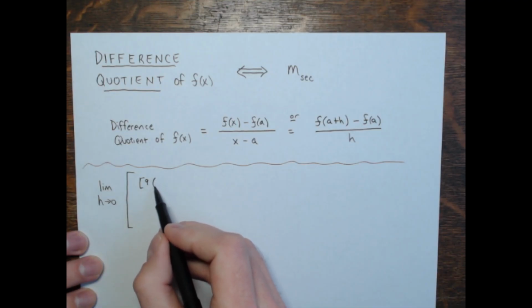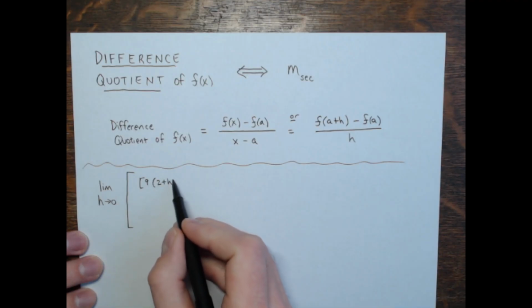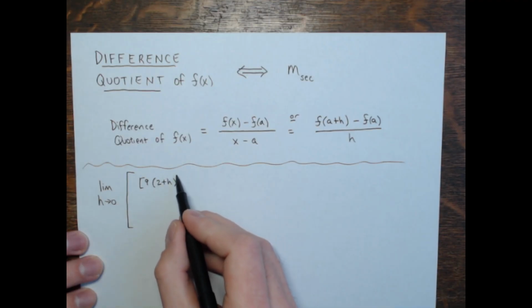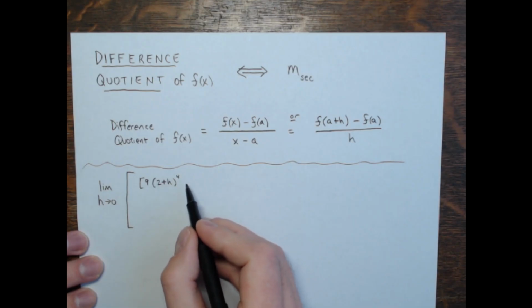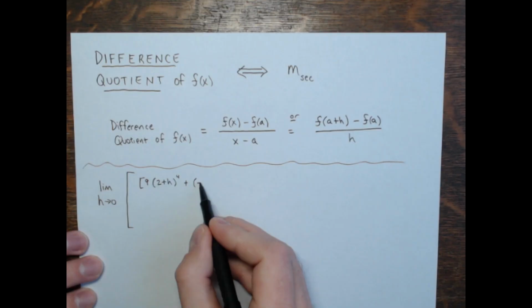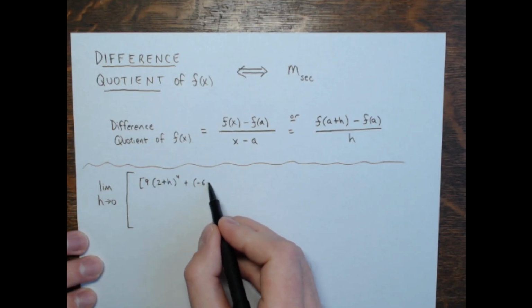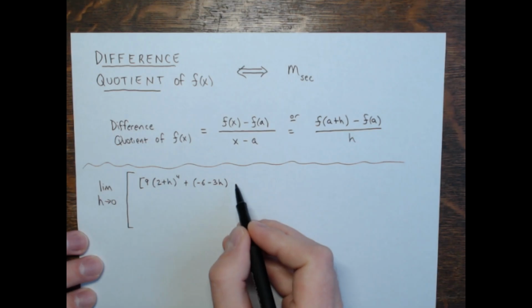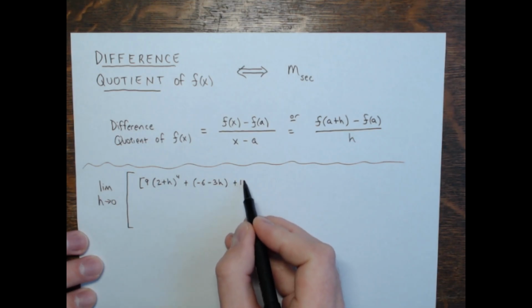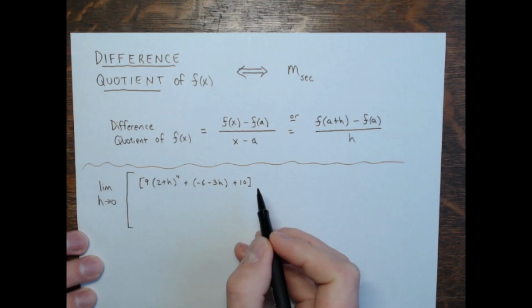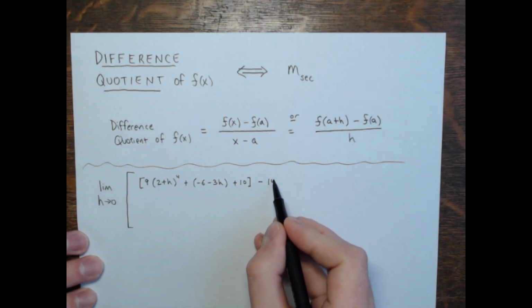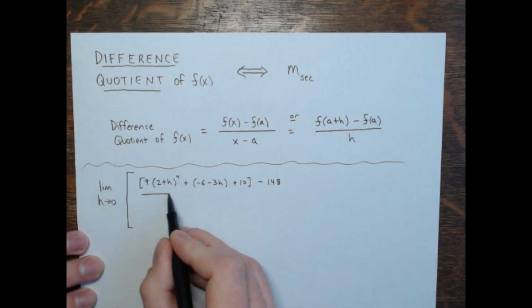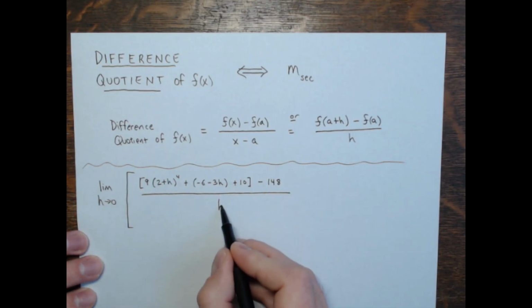You got 9 times the quantity 2 plus h to the fourth, plus, and then negative 6 minus 3h, and then plus 10, close the brackets there, minus 148, and then all this divided by h.